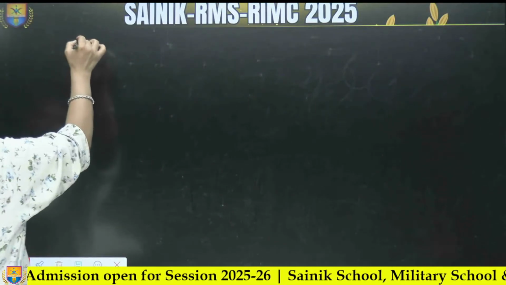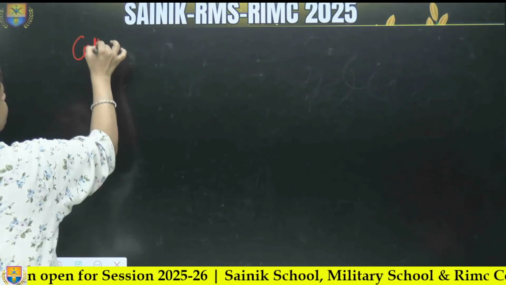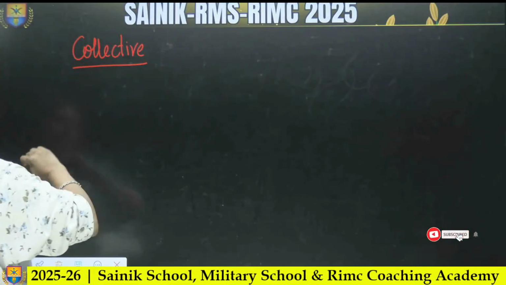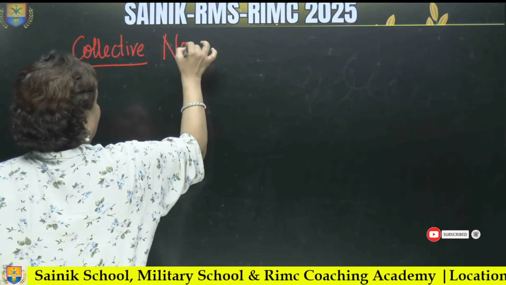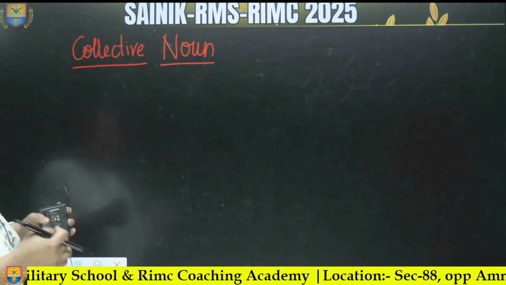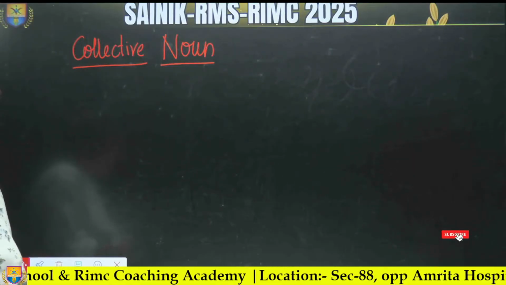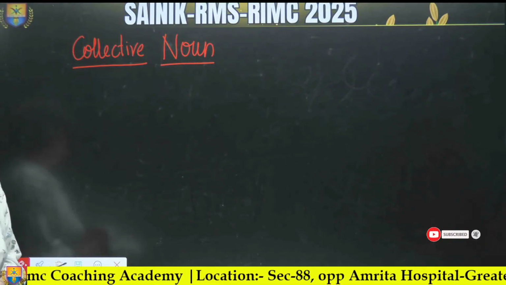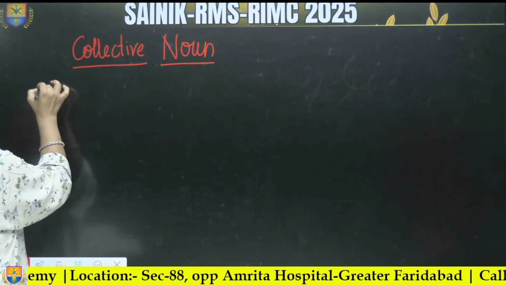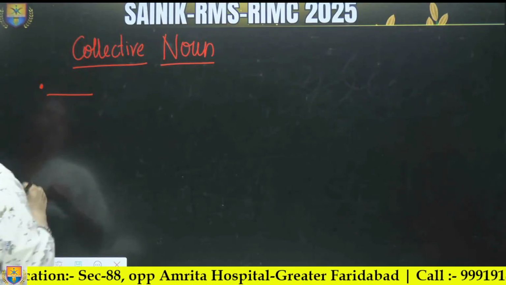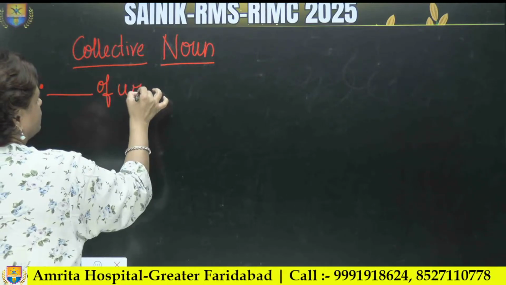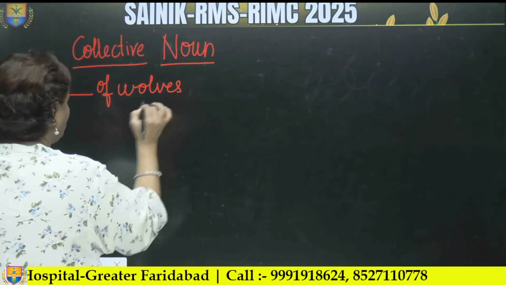Now let's move to the next set of sentences which come under collective noun. There are huge varieties of sentences or words under collective noun. Let us study few of them. The first one, dash of wolves.